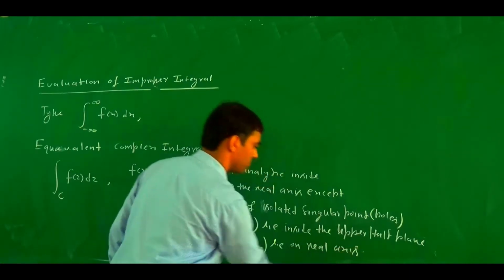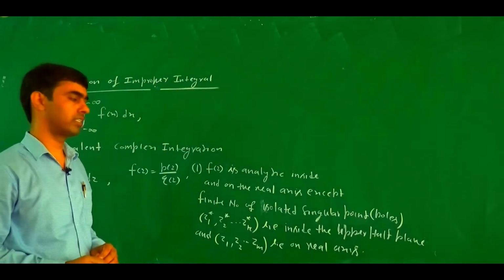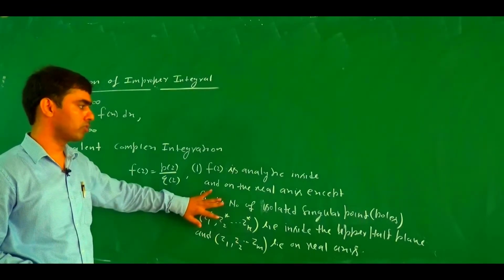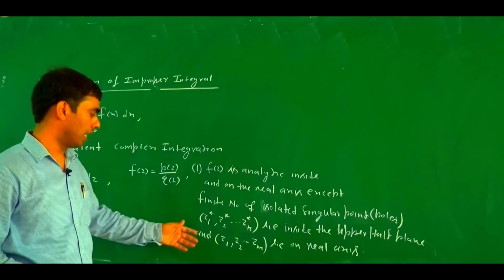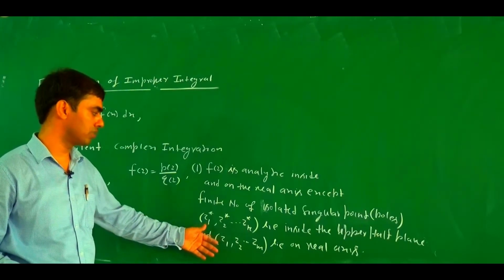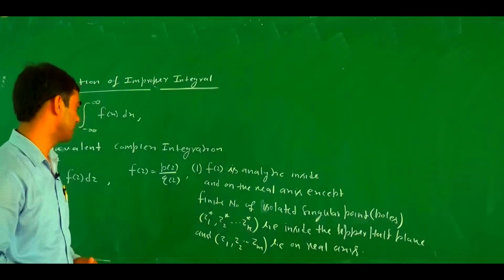Real axis means there are two types of singular points. The first type are poles lying inside the upper half plane, and the second type are poles lying on the real axis.